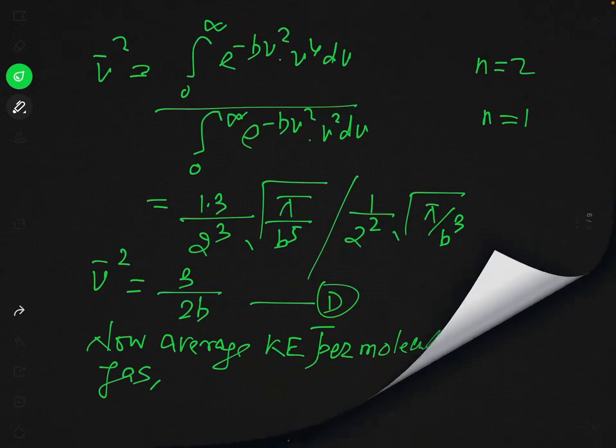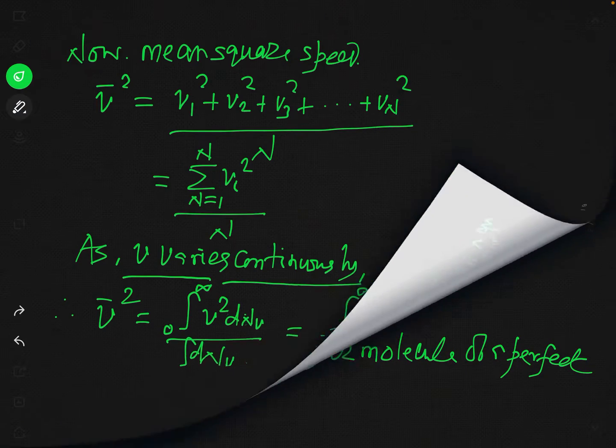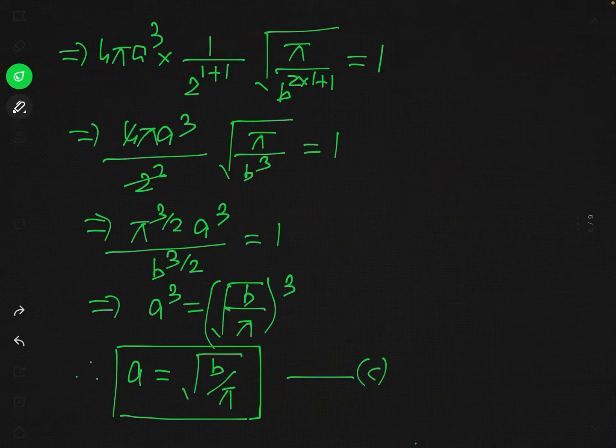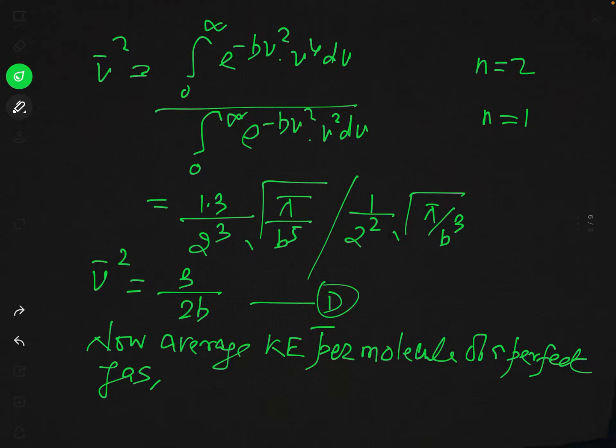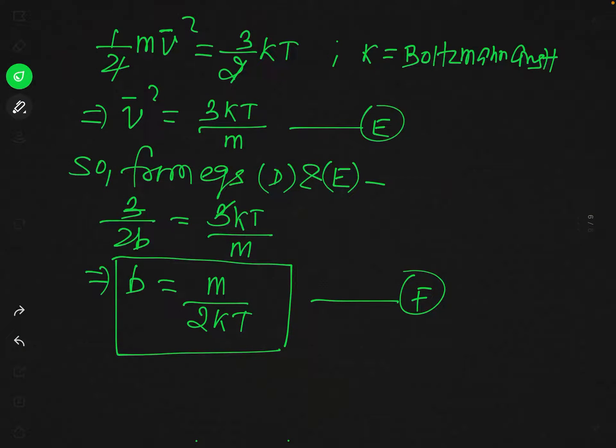Now you can see we have just now found the relation between the constants A and B here in this equation C. So as now you know the value of B, you can easily say what will be the value of constant A. So using that result, you can say that A is equal to square root of B over pi, and so this will be square root of m over 2 pi kT.